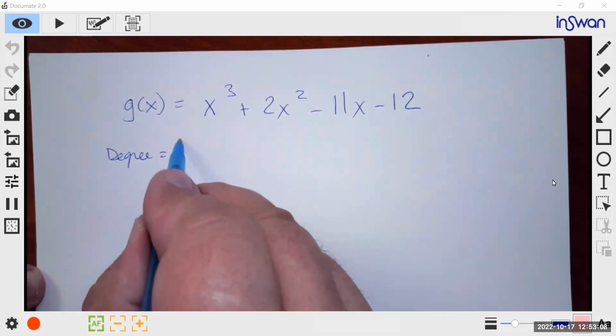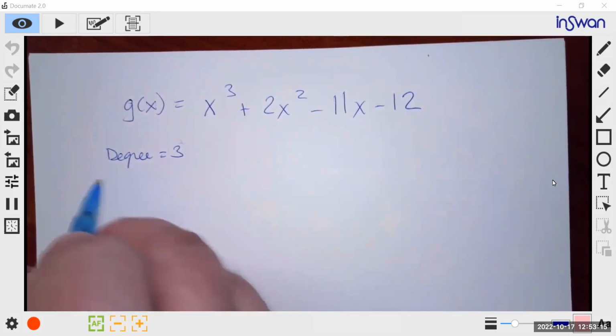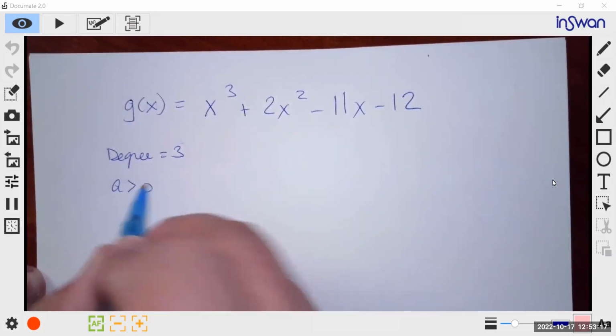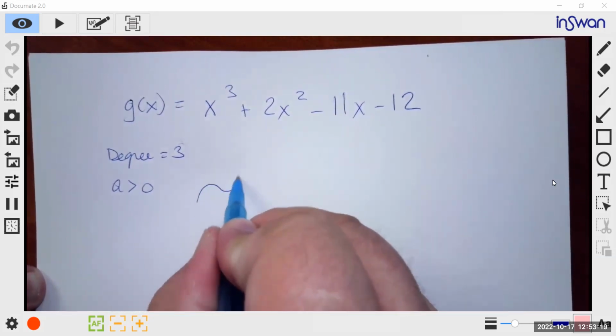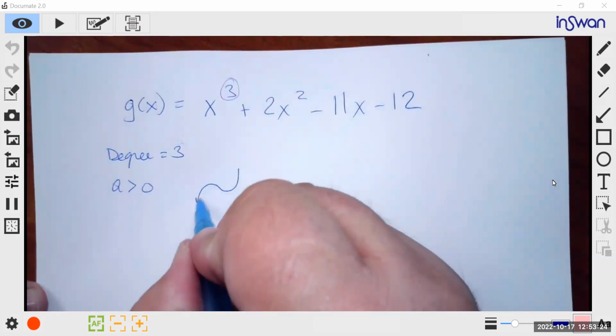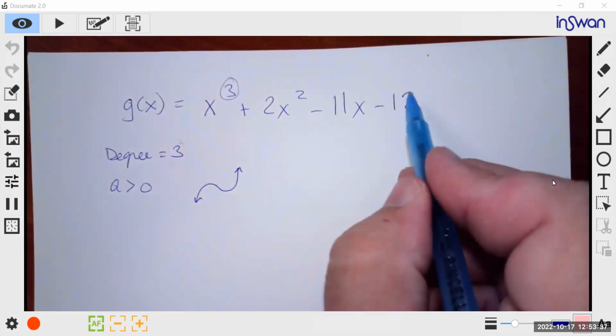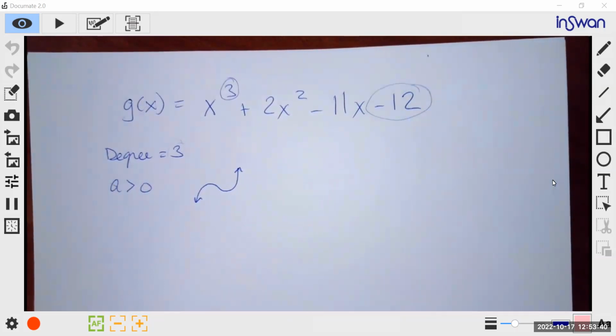Well, we'll have at most 3 solutions, but what's the graph going to look like if it's degree 3? We know a is positive, so the graph will look something like this. Because it's an odd degree, both ends point in opposite directions. We also know that our y-intercept is -12.